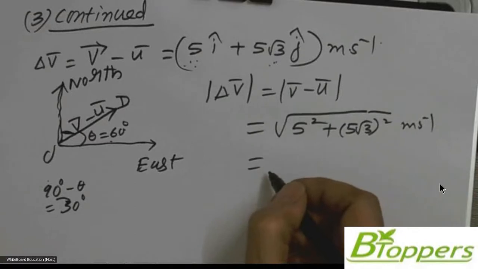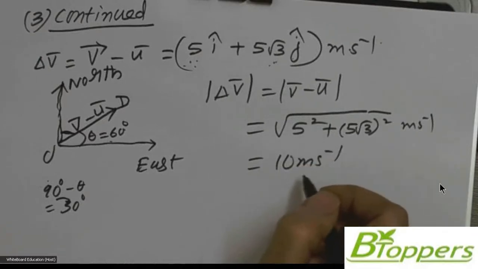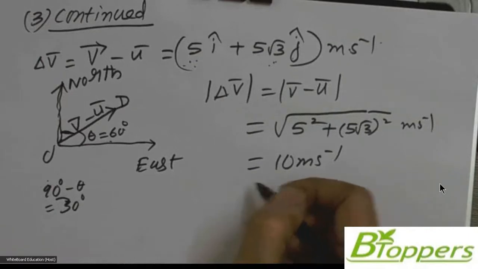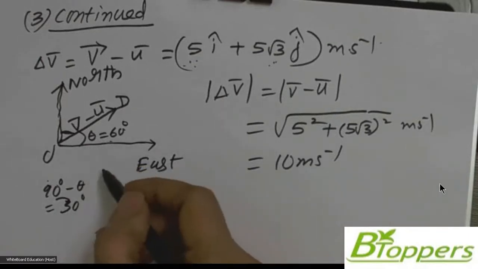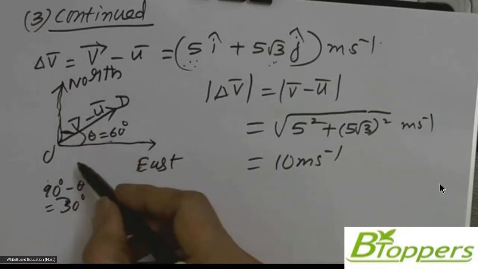So this you can simplify yourself. You get the answer as 10 meter per second. I mean the magnitude of change in velocity is 10 meter per second. But the direction of the change in the velocity makes 30 degrees with the north direction inclined towards east.